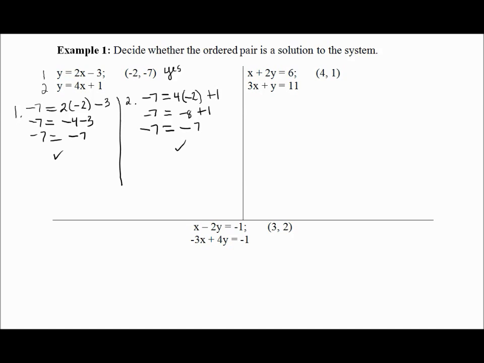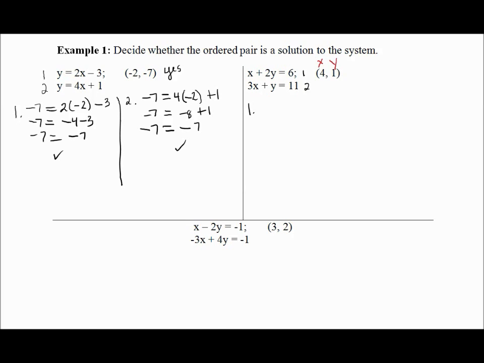So let's do the same thing with the next one. On the next one, I have my equation 1, equation 2, and my ordered pair 4, 1. The 4 represents the x value. The 1 represents y. In equation 1, I'm just going to simply make that substitution.